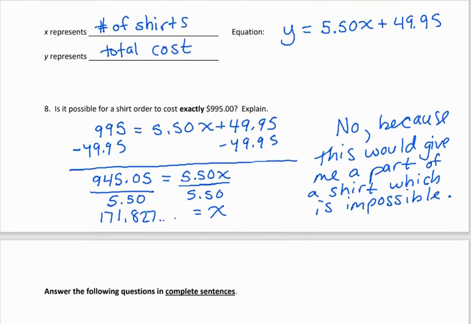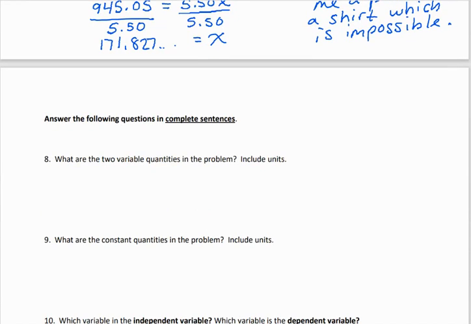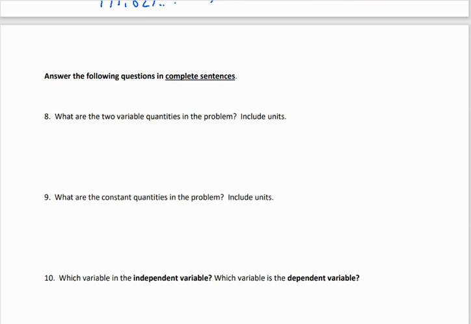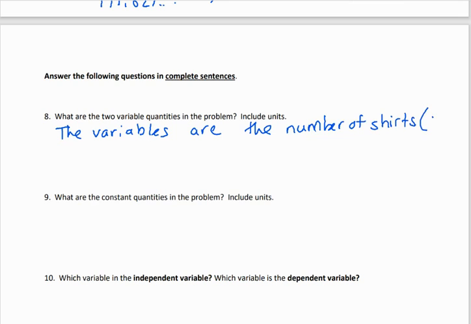That X variable was shirts, right? So the 2 variable quantities are the number of shirts, and then in parentheses, you put the units, which we said is just shirts. And again, just pull right from your chart.